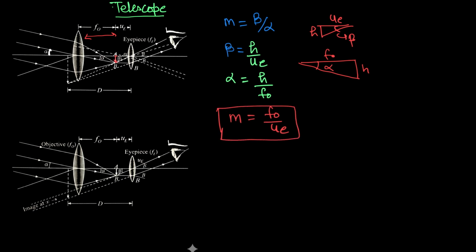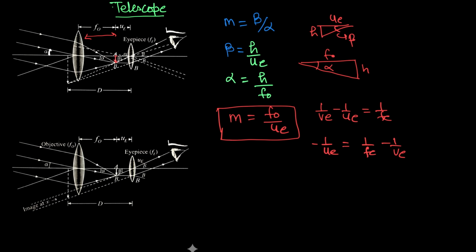Now if the image is forming at distance 25 centimeter, I can replace 1 by UE. How can we replace 1 by UE? 1 by VE minus 1 by UE is equal to 1 by FE. So 1 by UE we can write as 1 by FE minus 1 by VE.